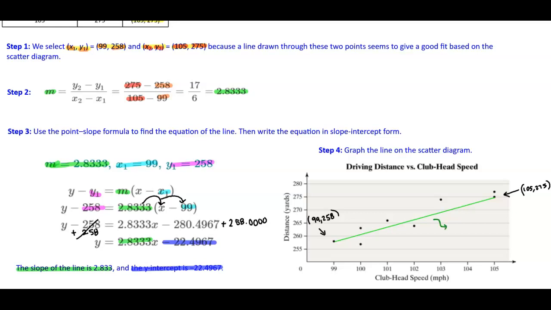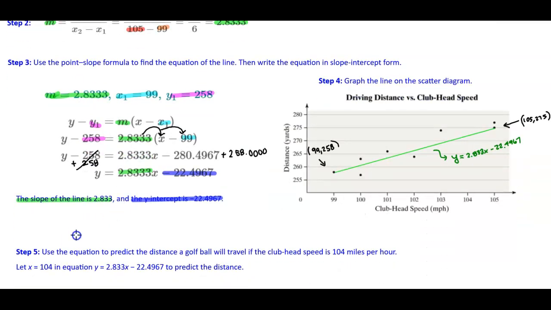Well, this line represents the one we just found, which is y equal to 2.833x minus 22.4967.